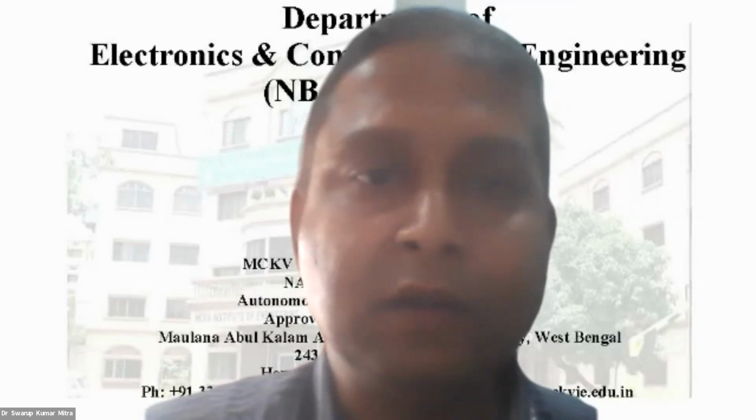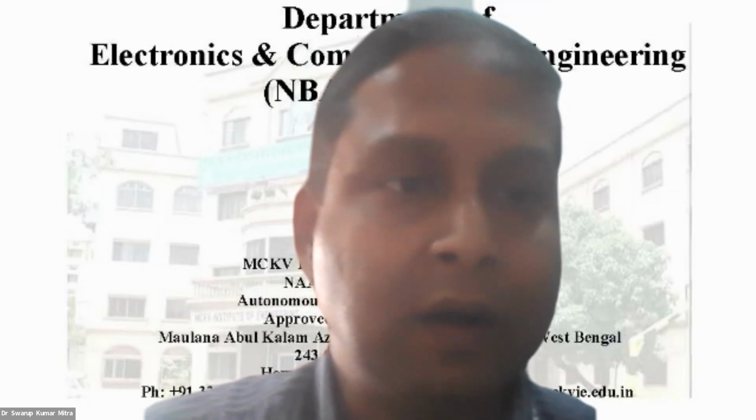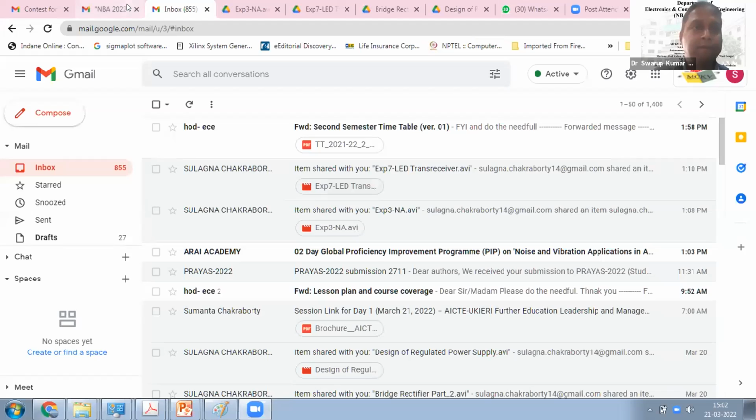You have to share it again, and then you can see this option. Okay, just wait. You can see there is a green panel over here, in the Zoom share option.